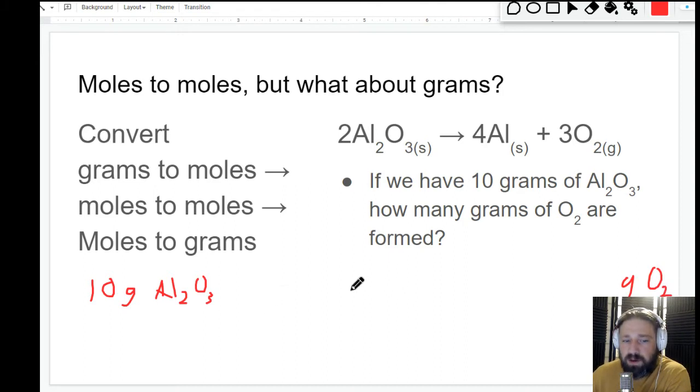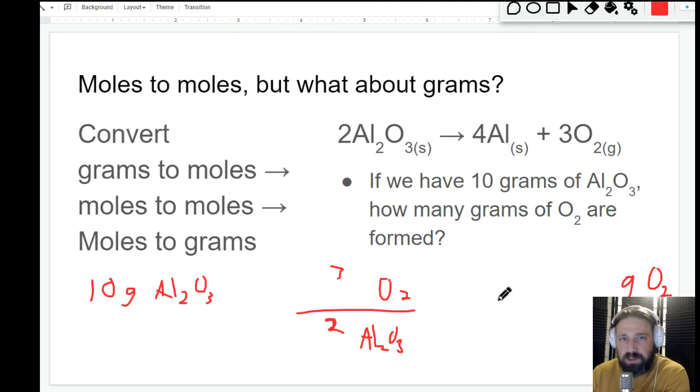Now, if you are really quick and not thinking and jumping the gun, you might think, oh, I got my ratios right here. I can just put aluminum oxide on bottom and oxygen on top, 3, 2, and bang, bang, boom, I'm done. The thing is, though, remember, just like with the fruit example, we don't know how many moles of aluminum oxide we actually have.